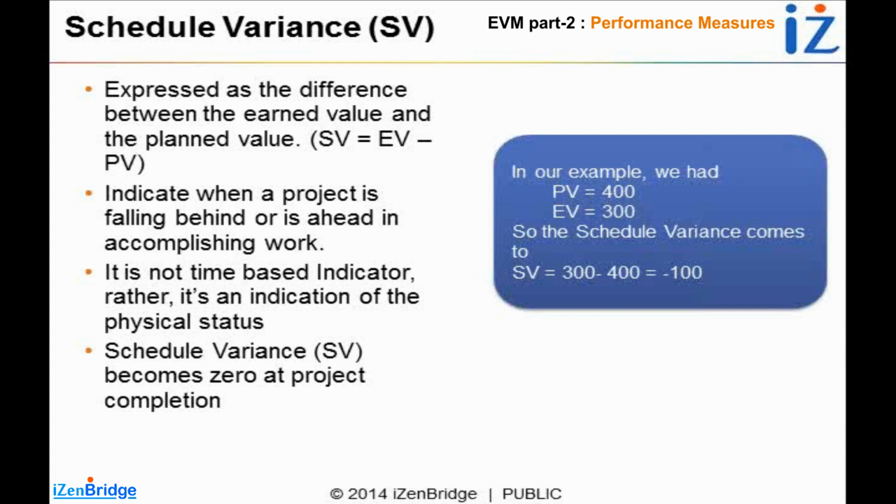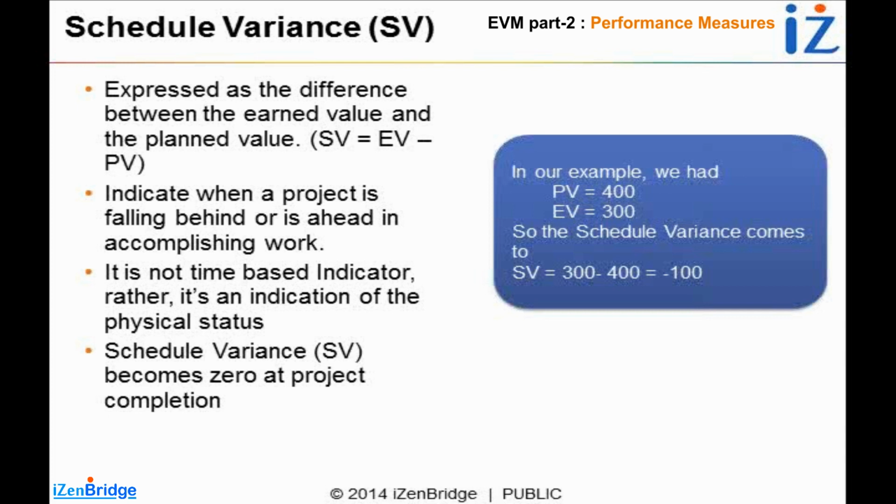So it is more like the project is falling behind or ahead in accomplishing work. It is not telling us we are delayed by 1 month, or by 10 days, or by X days. It just says we are expected to do this much and we have done this much only at that particular point in time.